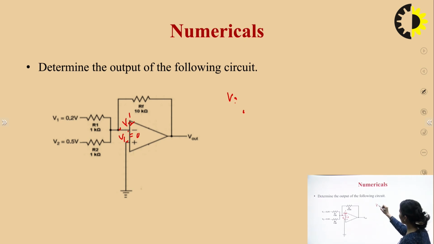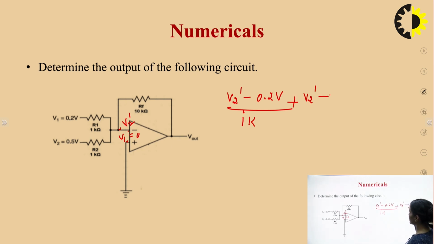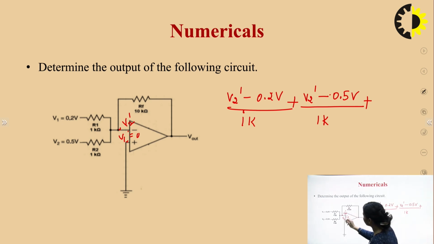Again (V2' - 0.2 volts)/1K plus (V2' - 0.5 volts)/1K plus another terminal is this one, connected to the output, and the current going into the input terminal is 0 due to the high input impedance.